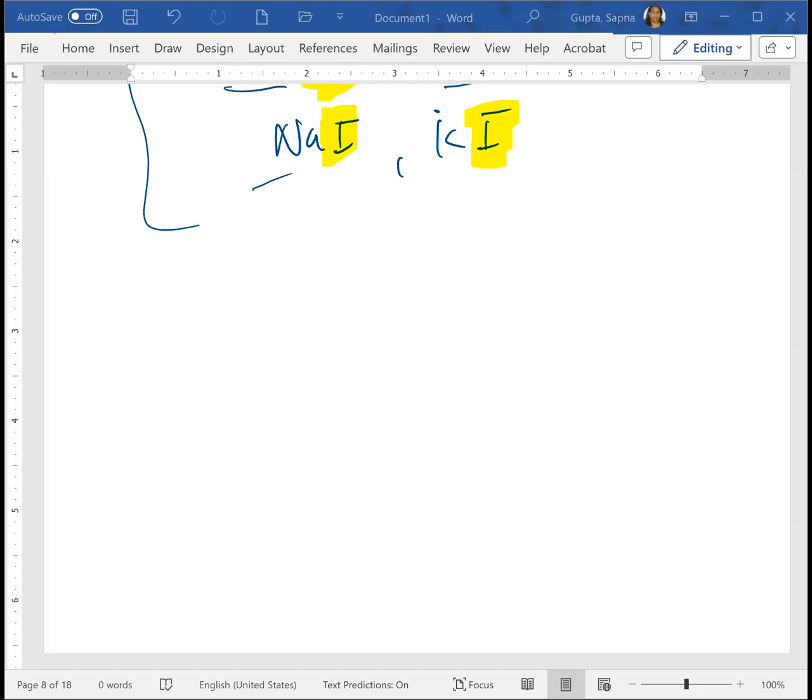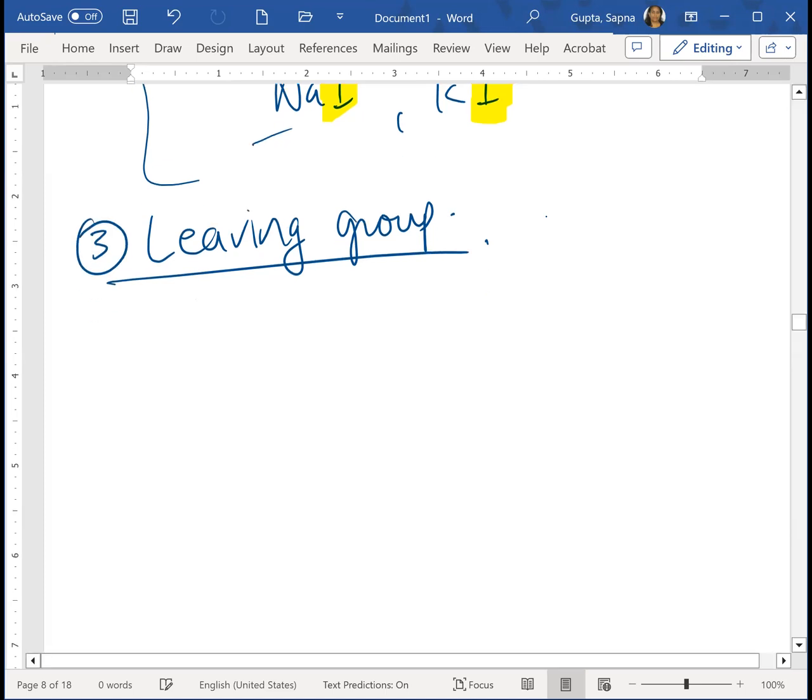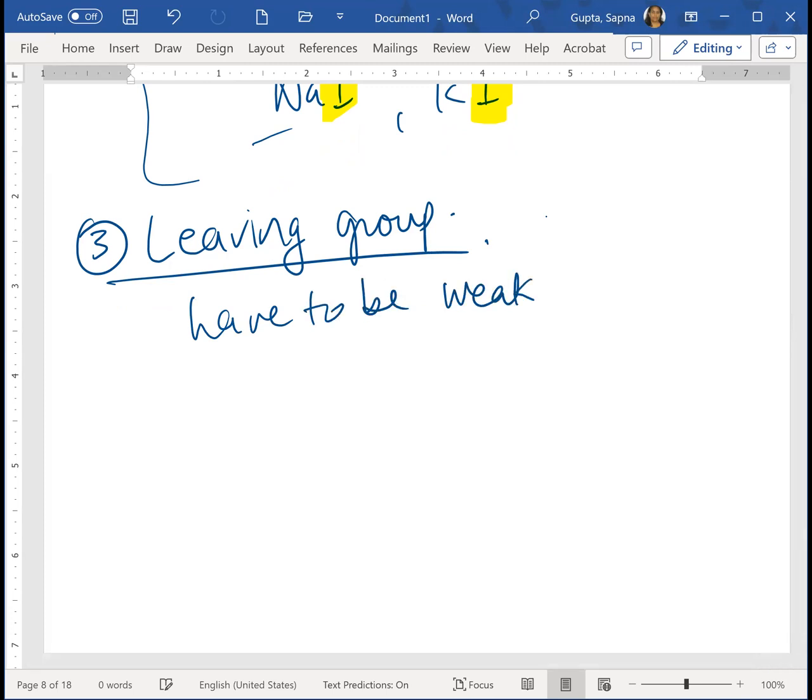Leaving group. This is the third thing. The leaving groups have to be weak bases, which means they are literally the opposite of a nucleophile.